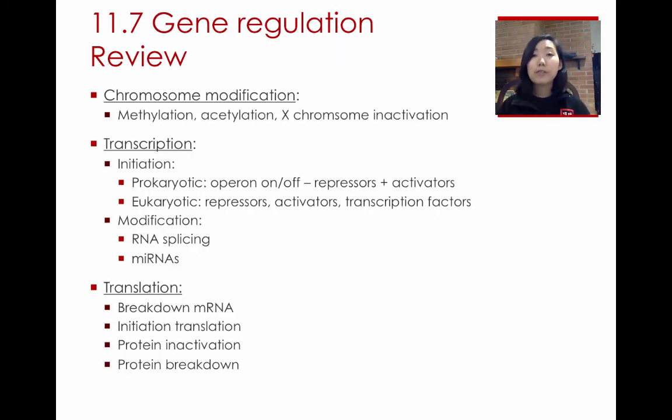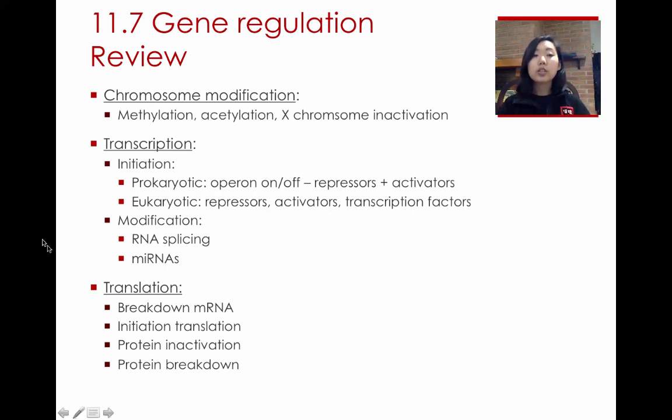So just as a final review, I know that this is a lot of information, which we'll go over again in class, but on the largest scale, gene regulation is chromosome modification, and this is when you're inactivating large segments of DNA through methylation. You can activate transcription through acetylation, and you can completely shut down a whole entire chromosome through X chromosome inactivation.